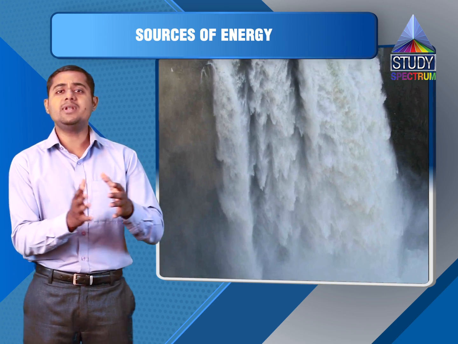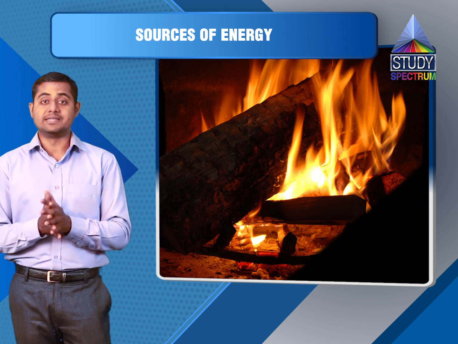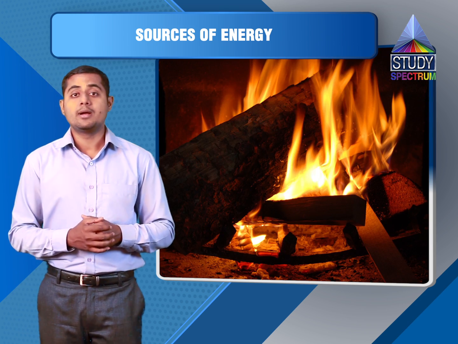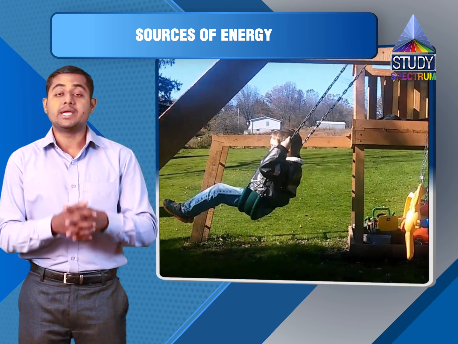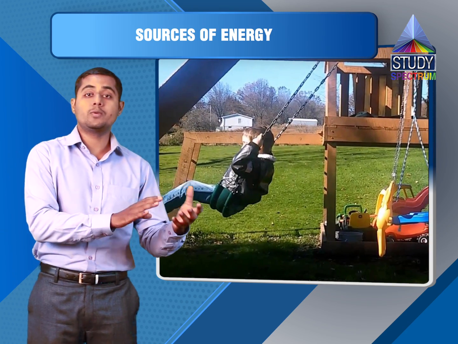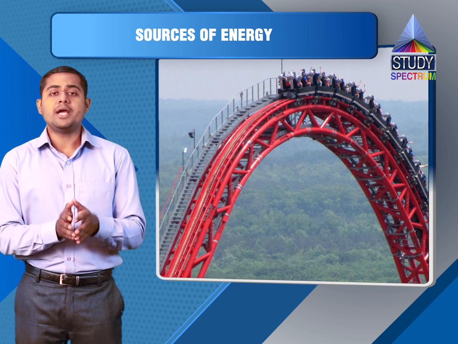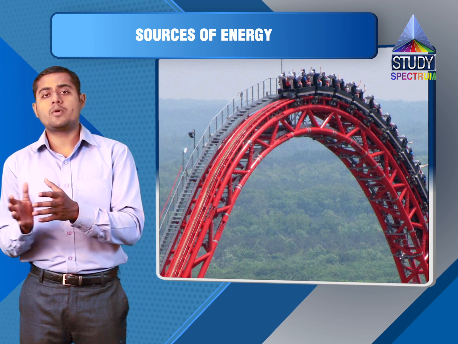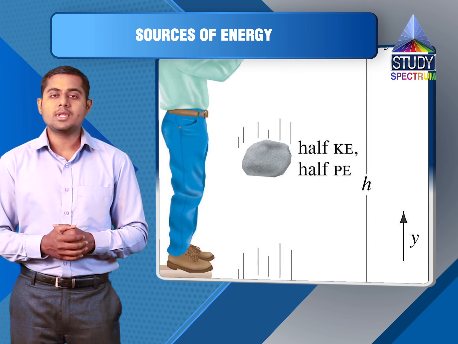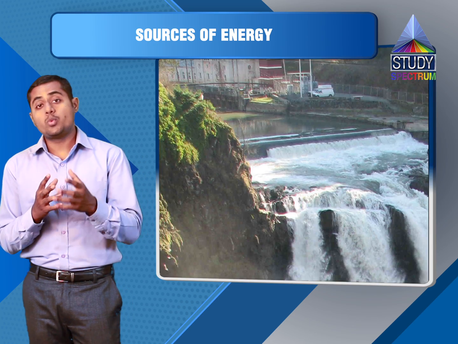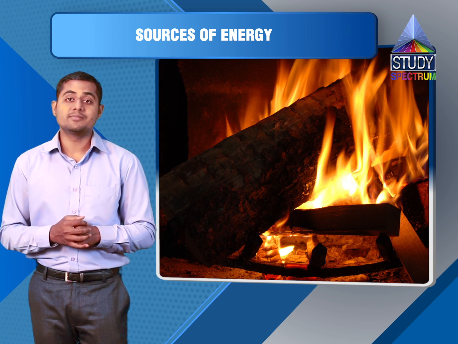So there are different forms of energy. There is potential energy, there is kinetic energy, there is heat energy. Whatever the form of energy may be, energy can always be transformed from one form to another. Human beings have been utilizing different forms of energy through different sources since ages. Can you imagine since when human beings must have started using heat energy?